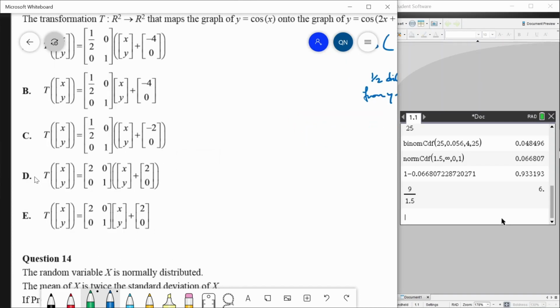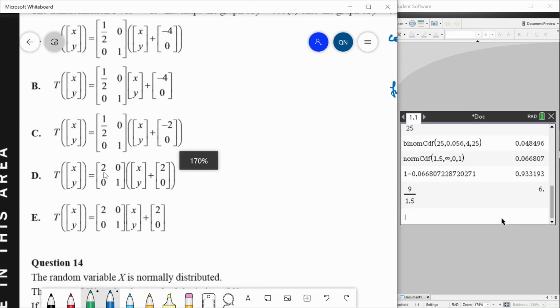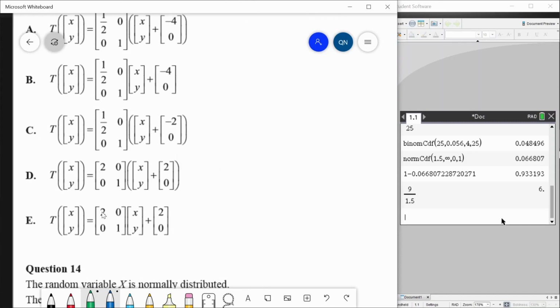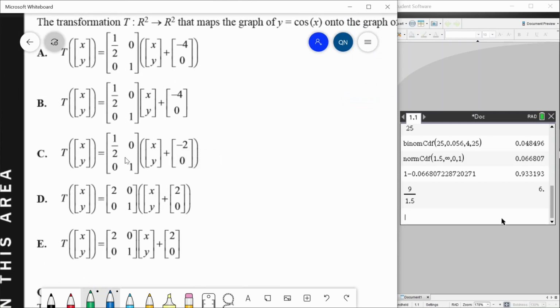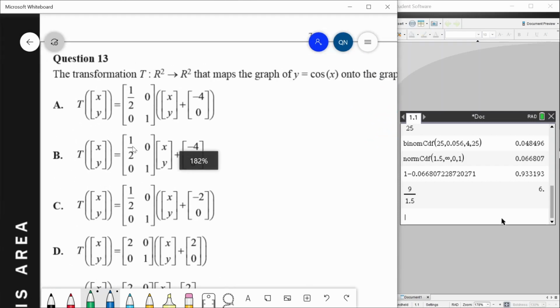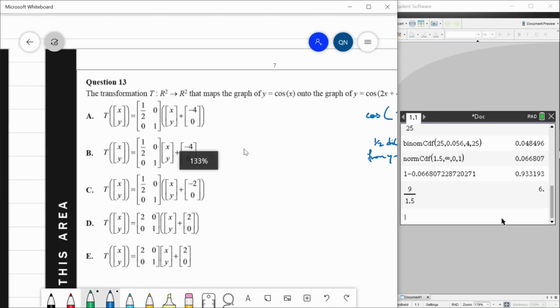So let's take a look at a few of these. D probably wouldn't be the correct one because we have a 2 here. E wouldn't be as well because we have a 2. So we want a half as the dilation. So it's A, B, or C. We know it can't be C, so now it has to be A or B. So let's take a look at B. We have the dilation of a half here, but then we translate 4 units to the left, which is not quite what we want.